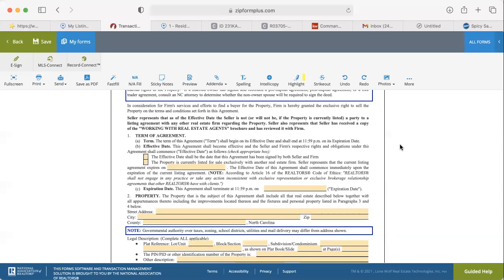And the National Association of Realtors has come out with a rule that's called Clear Cooperation Policy that says that any listing that is marketed must be entered into the MLS within 1 business day.